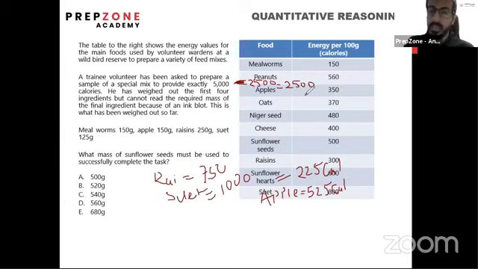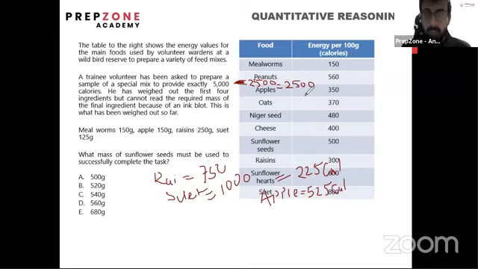Now from this, you have to find the sunflower seed mass. For sunflower seed, 100 grams is 500 calories. Now it's a reverse: you're given calories, and you need to find the mass. 2,500 calories will give you how many grams?